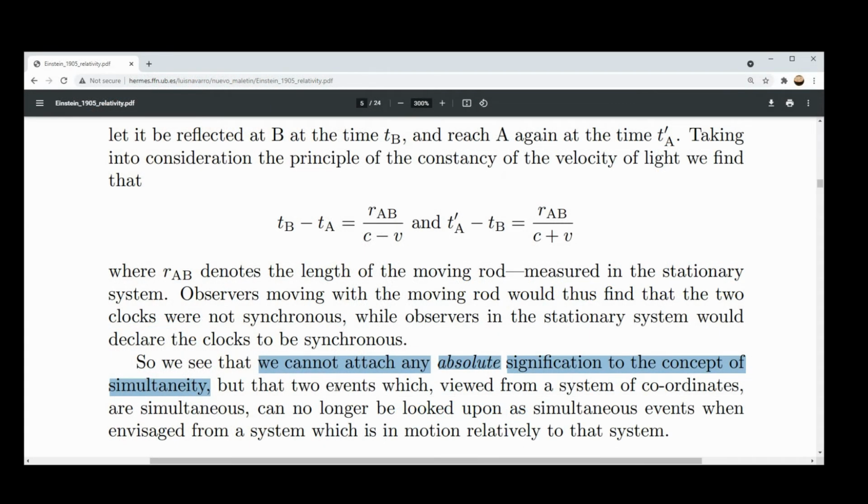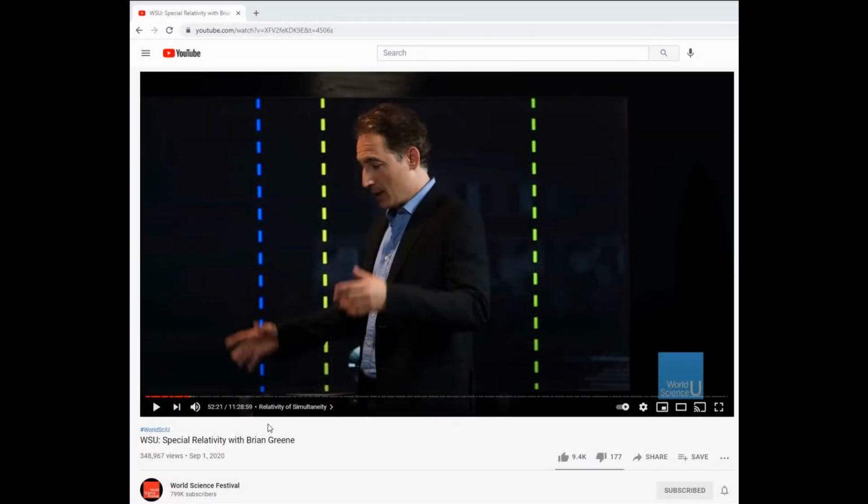Now let's go back and discuss Einstein's very important conclusion. His entire theory of relativity hinges upon this statement, but it's just not correct. So Einstein's purpose of this no absolute simultaneity, or relativity of simultaneity, is to convince you that both answers are correct, even though the moving observer and the stationary observer have 2 different answers.